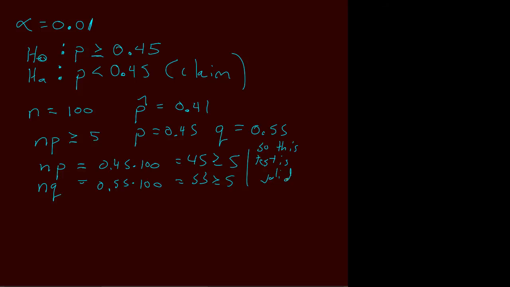What it really is saying is that the smaller your percentage is that you're testing against, the more samples you need. If we're only looking for a 1%, 1% of 100 would be less than 5. So we would need 500 samples to make this test work. And so it's a way of determining the amount of N that we need.